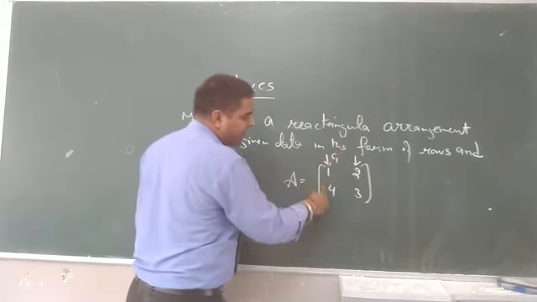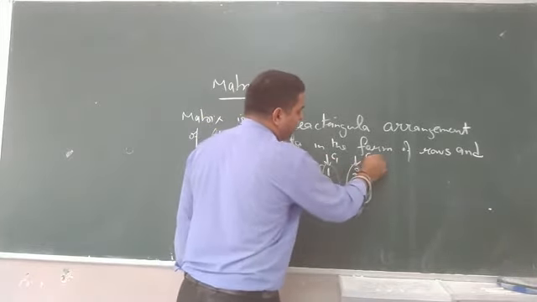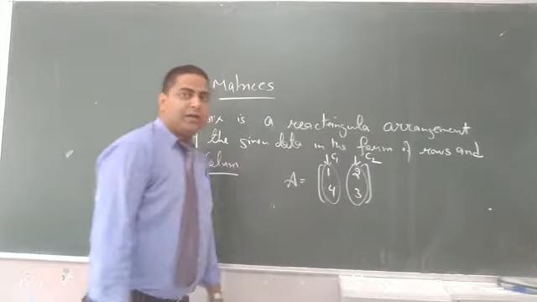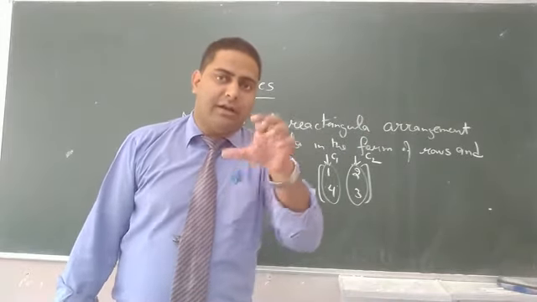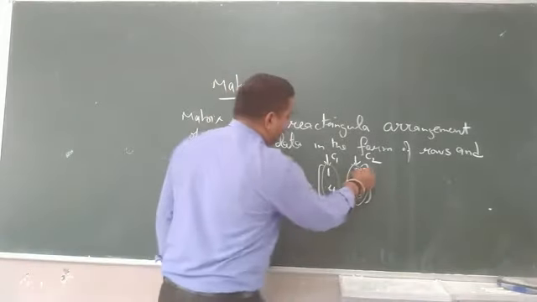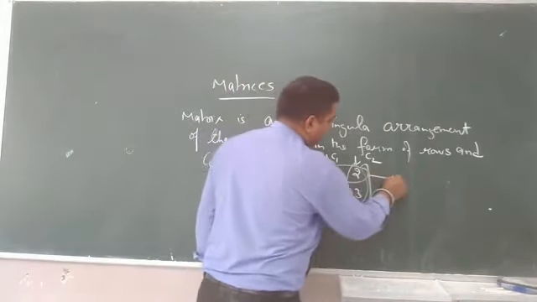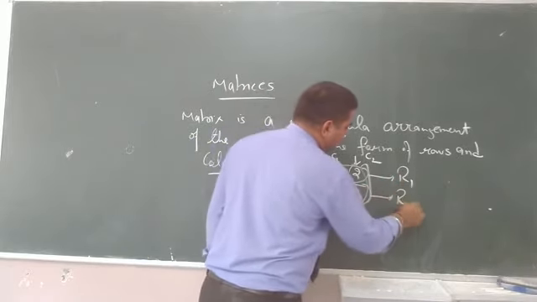This is column 1, this is column 2. And the horizontal lines are called rows. This is row 1 and this is row 2.